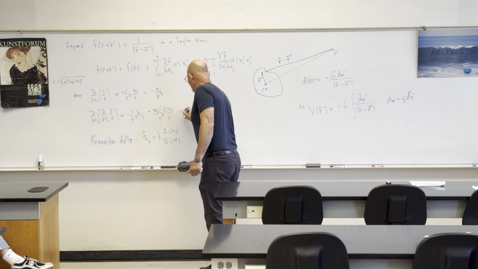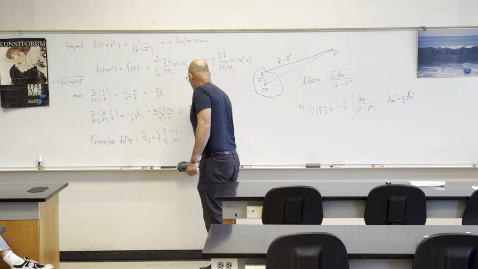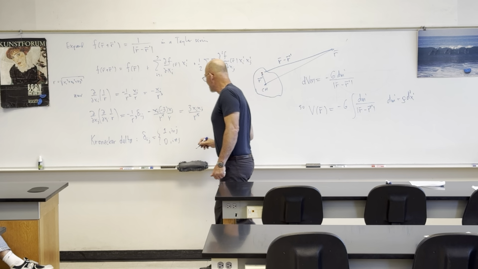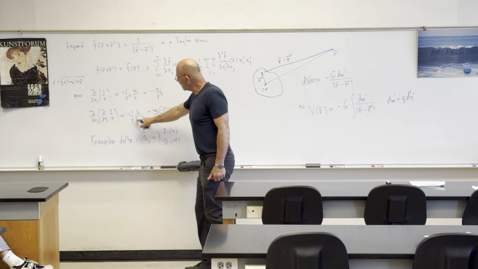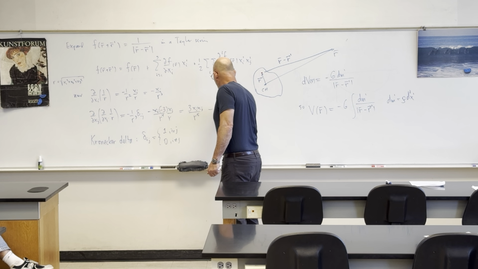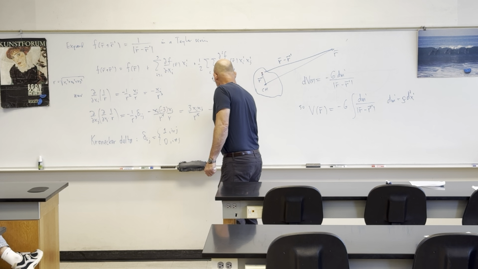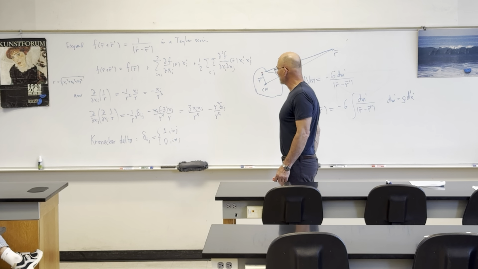So when the dust settles, we have here 3 xi xj over r to the 5th minus, now I've got an r cubed, I'm going to go ahead and make that into an r to the 5th as well by writing minus r squared delta ij over r to the 5th. So we'll have a common r to the 5th right there.